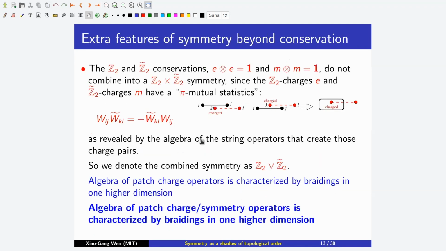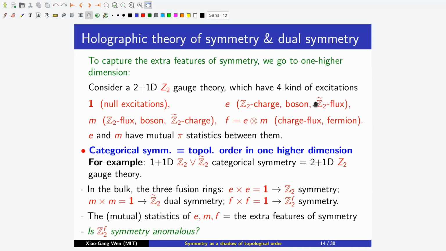That precisely represents this kind of operator algebra. They capture the operator algebra through braiding. So here it's certainly not a derivation. It's a conjecture that all this feature is captured by the Z2 gauge theory in one higher dimension. And this mutual statistics between E and M really captures the operator algebra we talk about.